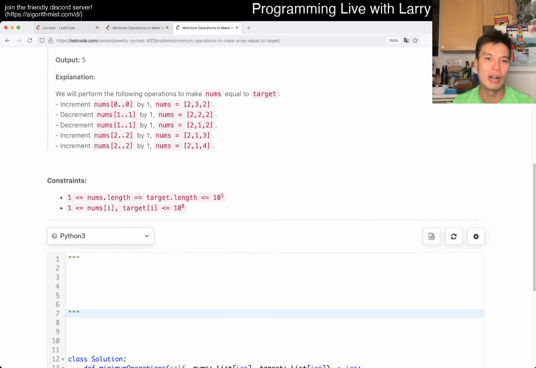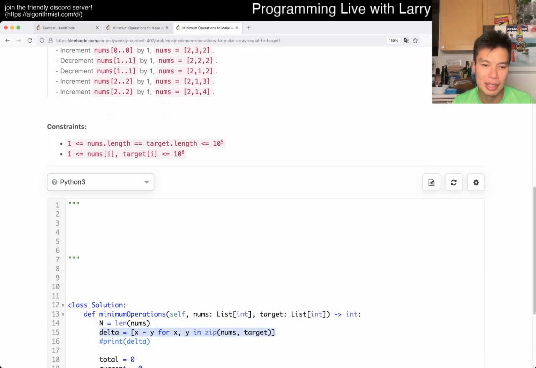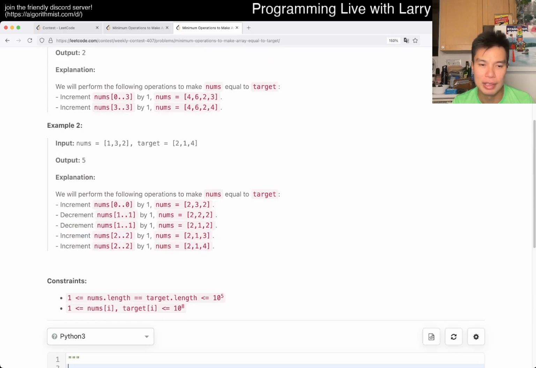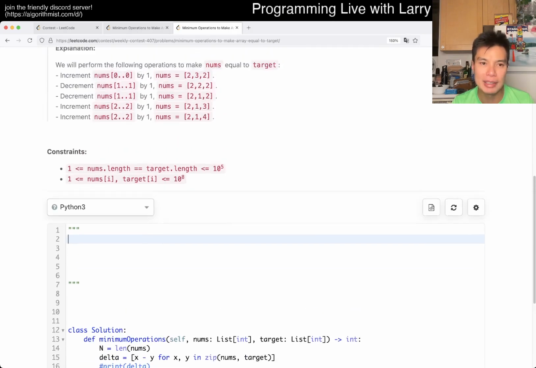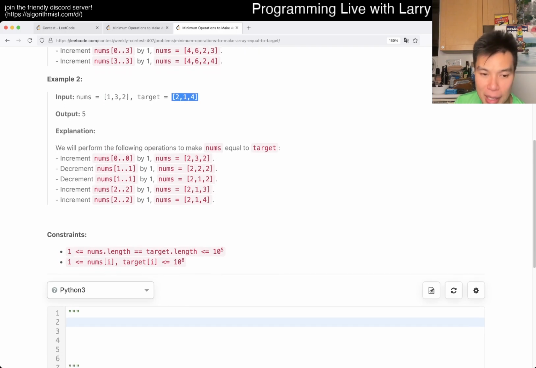But the idea is that, first of all, we can create something I call the delta array. It is basically an array of how to calculate from nums to target, one number at a time. And the idea here is that now we're trying to make this array 0 instead.